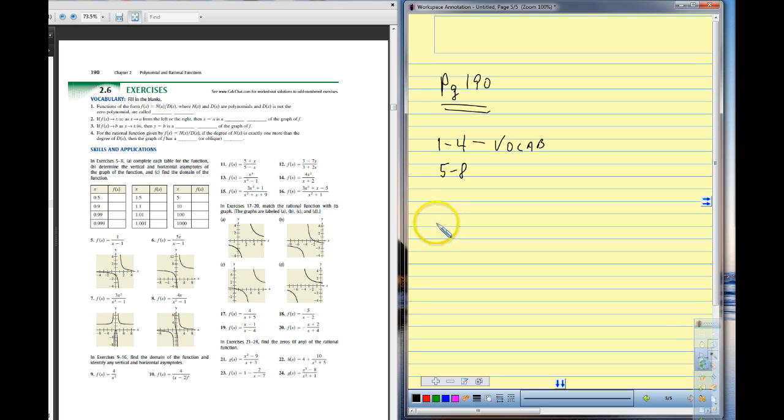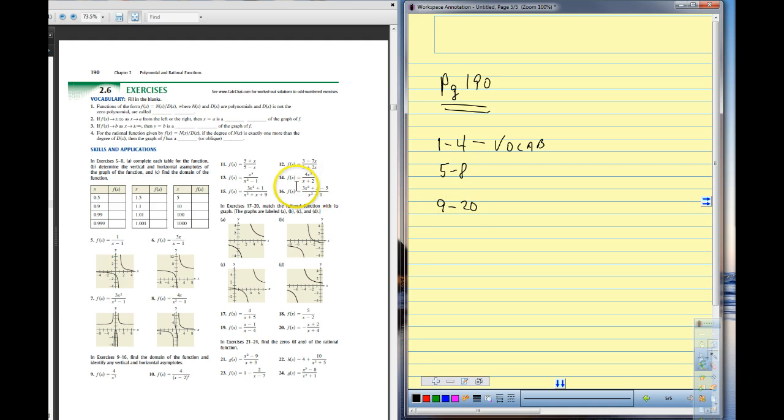Then I want you to do every problem, 9 all the way to 20. You're going to put these in your calculator and match them up.